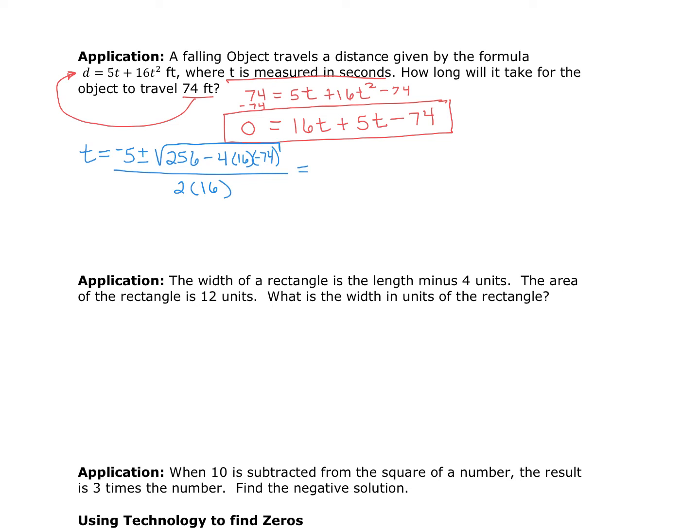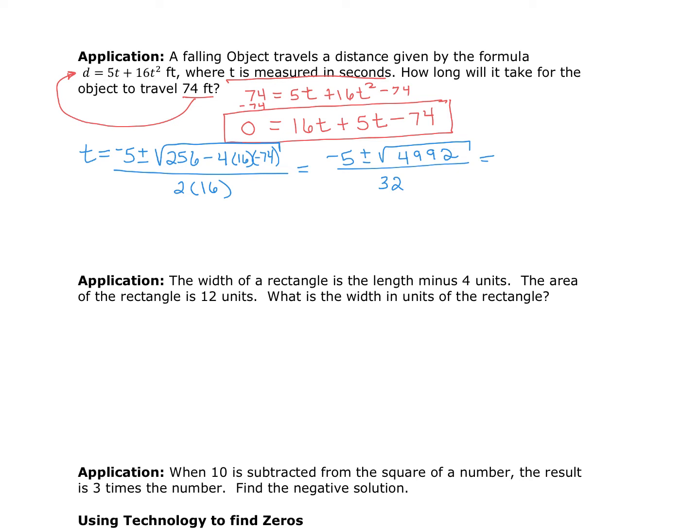So using our calculator, we get negative 5 plus or minus the square root of 4,992 over 32.